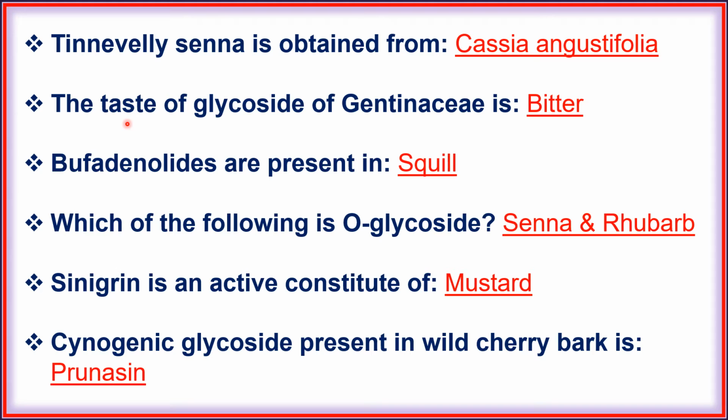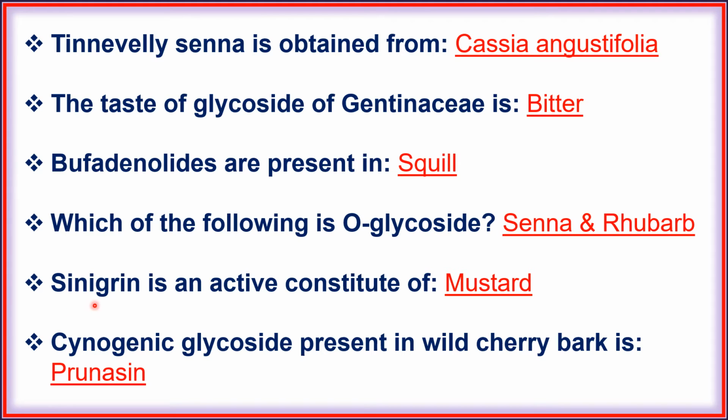Next, the taste of glycoside of Gentianaceae family is bitter. Next, bufadienolides are present in squill. Next, which of the following is O-glycoside? That is senna and rhubarb.